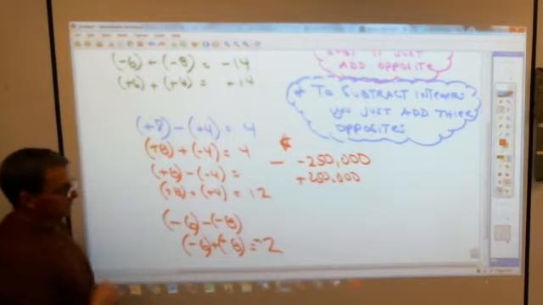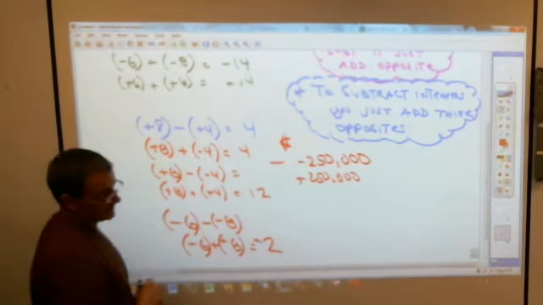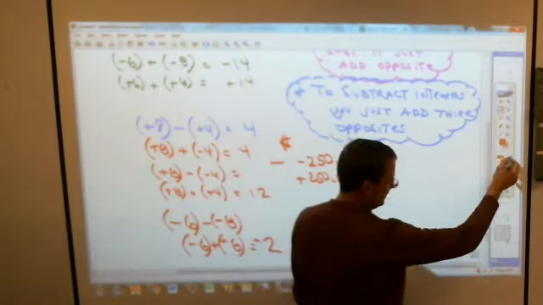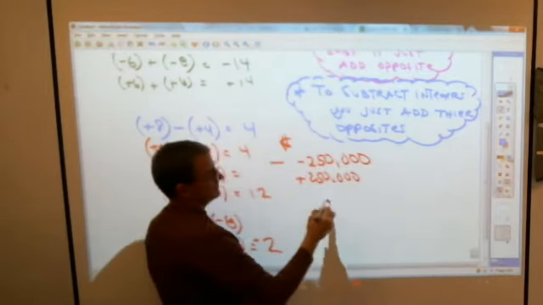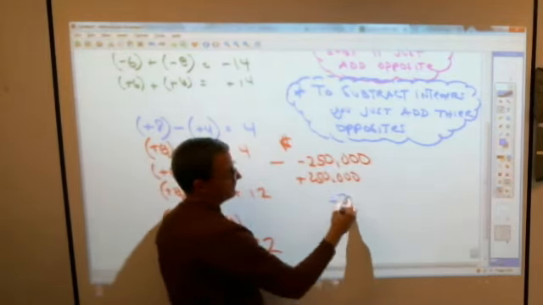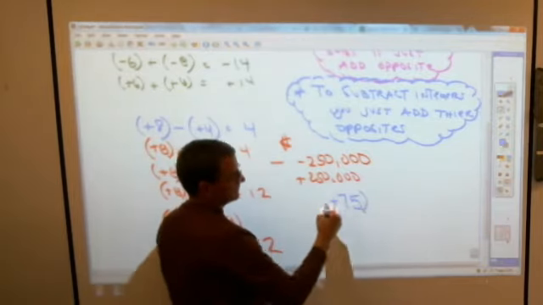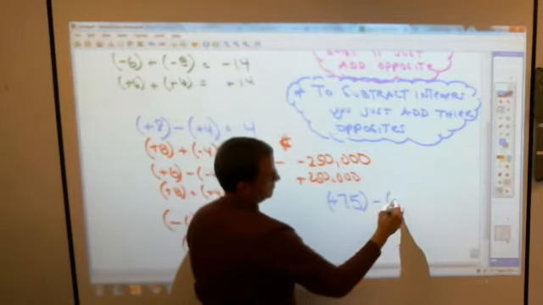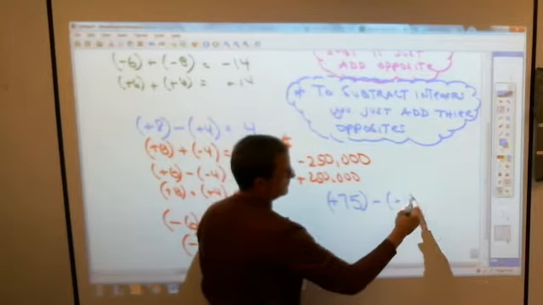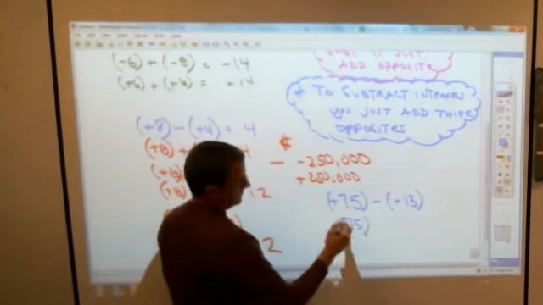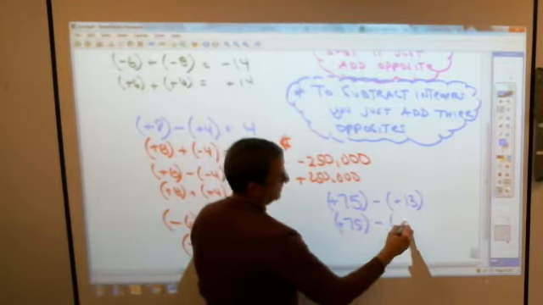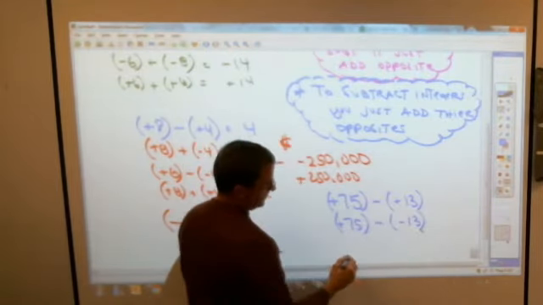We should probably look at all possible cases, shall we? Let's go big numbers. Let's go hard. Positive 75 minus positive 13. Positive 75 minus a negative 13.